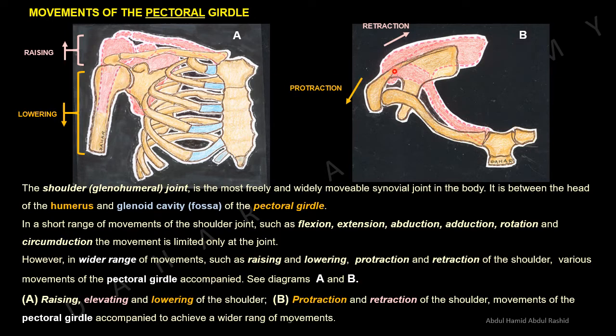Again, in diagram B, you can see the pectoral girdle moved forward, that is protraction, and moved backwards, that is retraction. So in wider movements of the shoulder joint, the pectoral girdle accompanies it to achieve a wider range of movements.